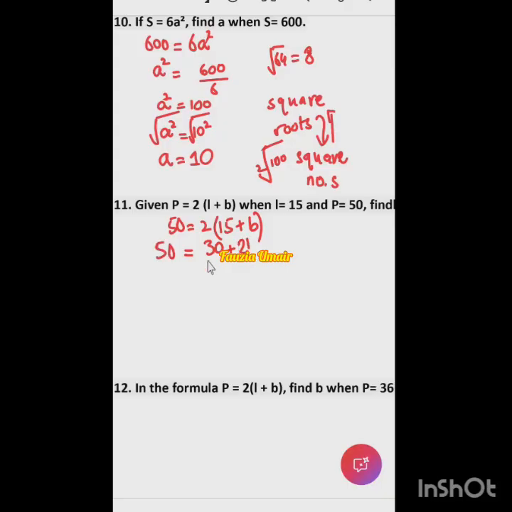Now this 30 will go on the other side of the equation and it will be minus 30. So 2B is equal to 50 minus 30 is 20. Now where will this 2 go? Division. So this is 20 by 2. So B is equal to 10.